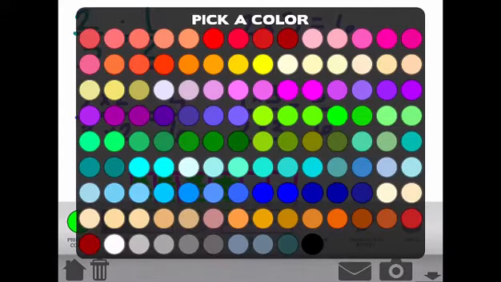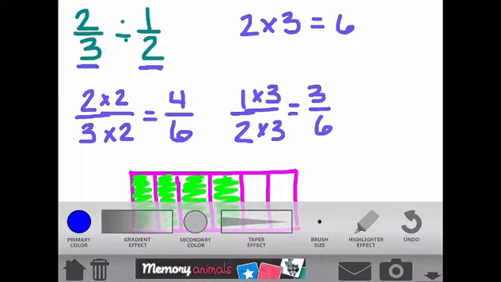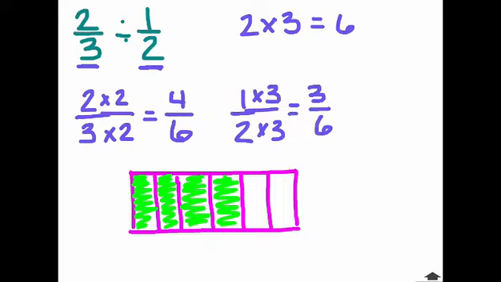I'm going to switch colors again here real quick. So how many sets of 3 are in 4? Well, right here is our first set of 3. I'm going to just cross shade that a little bit to make it easier to see. So there's our first set of 3.